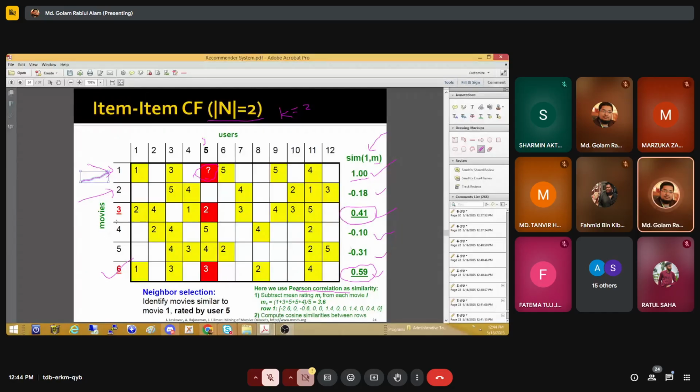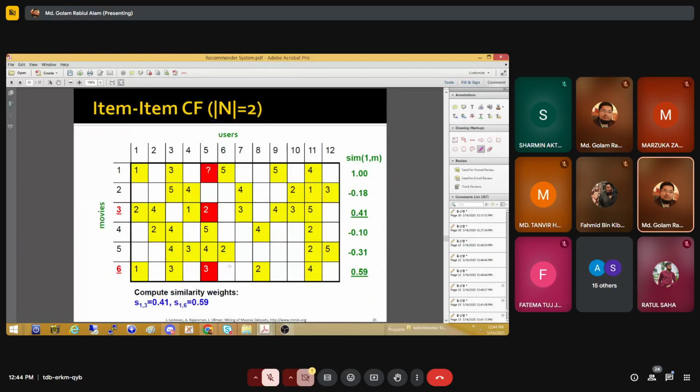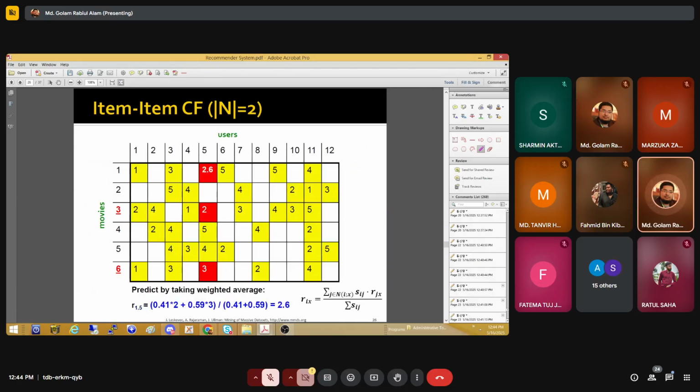So we have to consider these two. Here we have determined the similarity weights, 0.41 and 0.59.